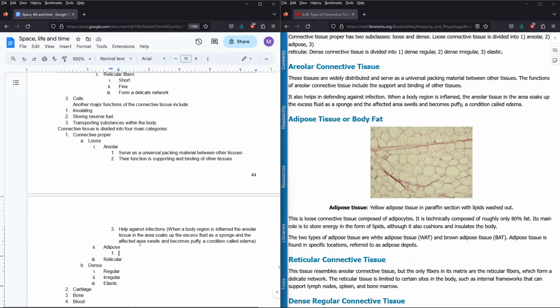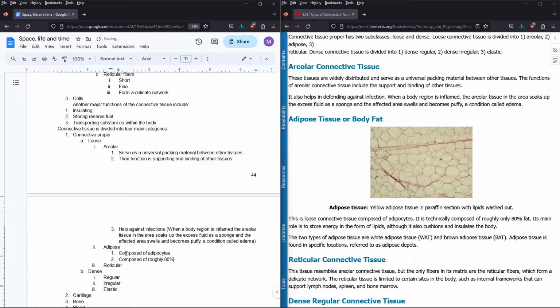Great. So we have the connective tissue, from which a subtype of connective proper has a subtype of loose, which has a subtype of adipose, which has a subtype of white or brown. Composed of roughly only 80% fat.